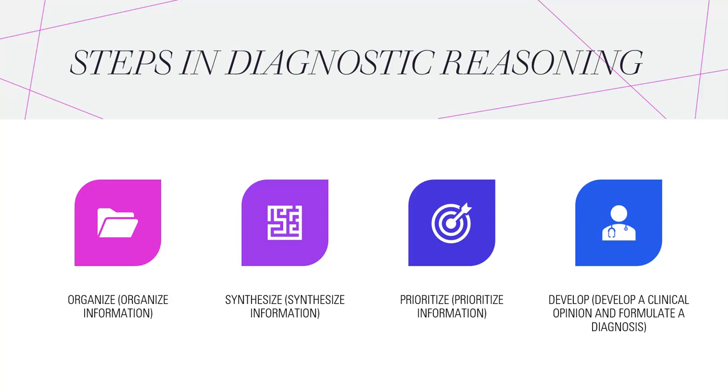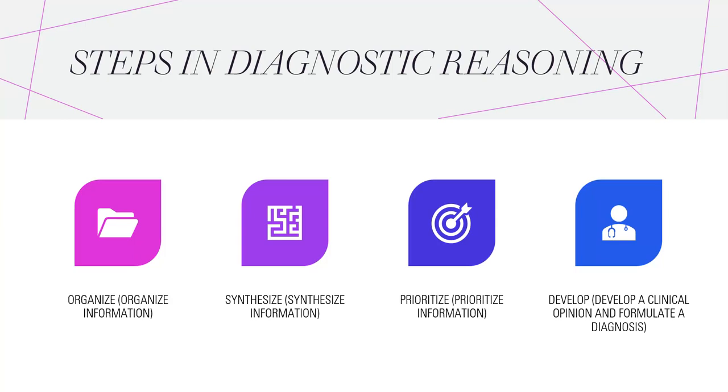So if you have all of this information you've gotten from a patient who comes in, they're depressed, they're anxious, they want to be tested for ADHD. They've never had a history of ADHD, but that's on their list. Their PHQ-9 shows moderate to severe depression.